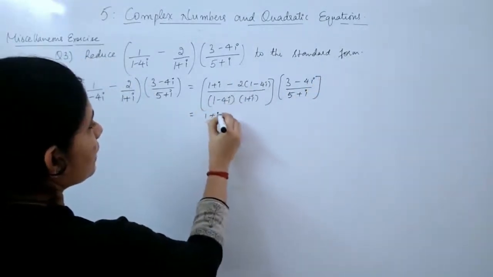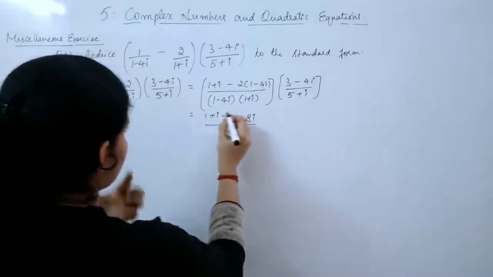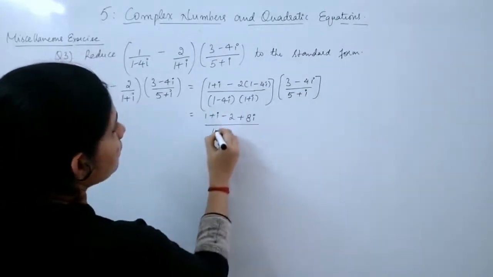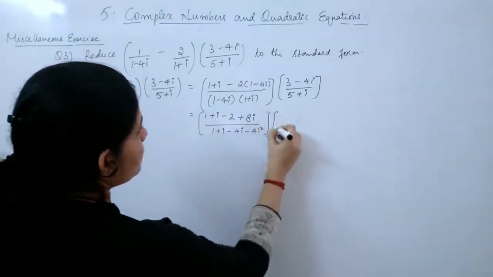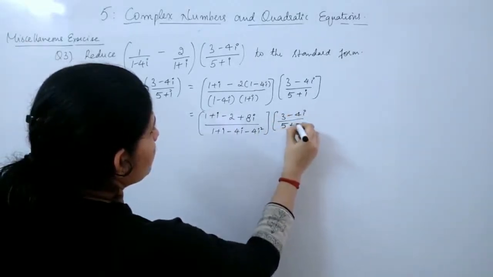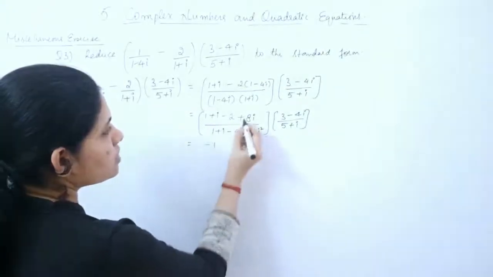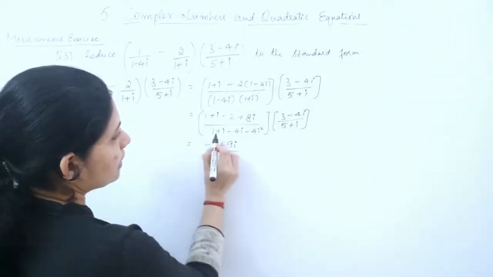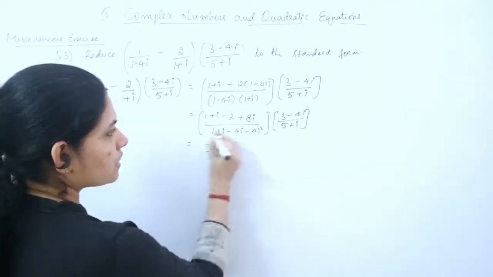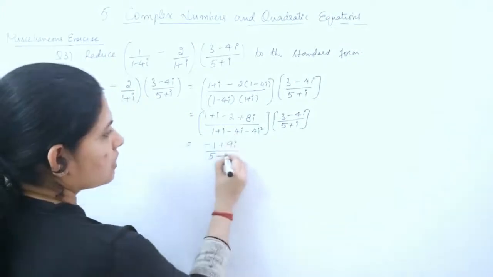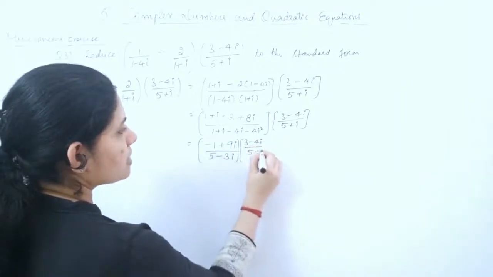Here you will have 1 plus i minus 2 plus 8i divided by, multiplying these two will give you 1 plus i minus 4i square into 3 minus 4i divided by 5 plus i, which is again equal to, here you will have 1 minus 2 will give you minus 1, these two will give you plus 9i divided by, here this will become i square as minus 1 will give you plus 4, so 1 plus 4, this will give you 5, and here you will have minus 3i, okay, into 3 minus 4i divided by 5 plus i.